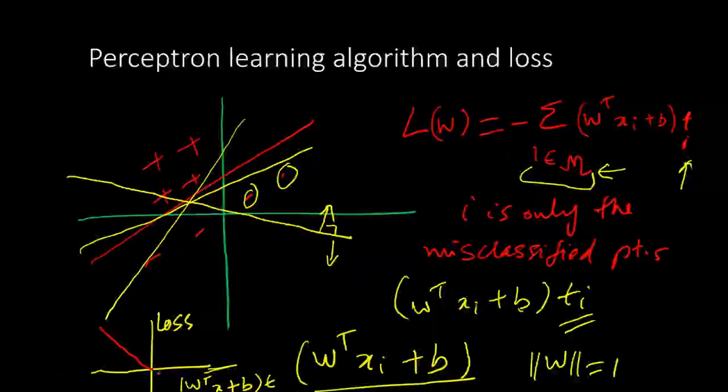It will be going up whenever we have this term less than 0, and it will be 0 whenever this term is greater than 0, because it will not be a part of M. So we can get rid of this i belonging to M by enclosing the entire term in something called hinge loss.